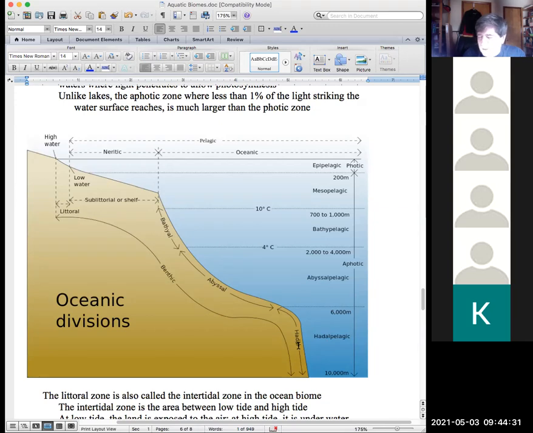And oxygen levels are very low and there's no light. So they aren't really very well adapted to survive at the surface. So if we do a scientific expedition and we try to bring them up to the surface, they don't survive very well.